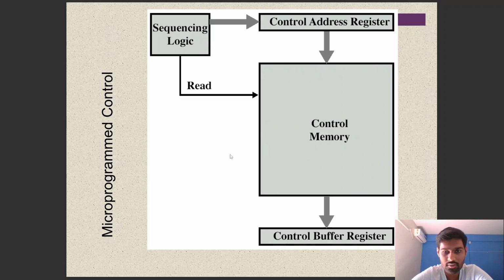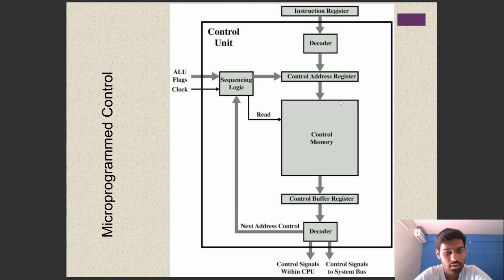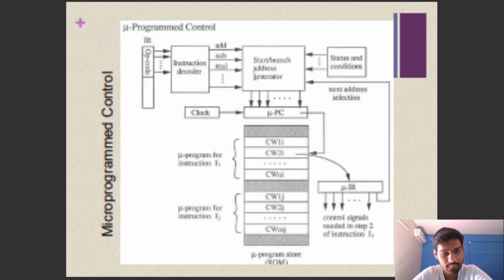This is how microprogram control works. We have the control buffer register, control address register, sequencing logic, and control memory. This also describes how microprogramming control is used.